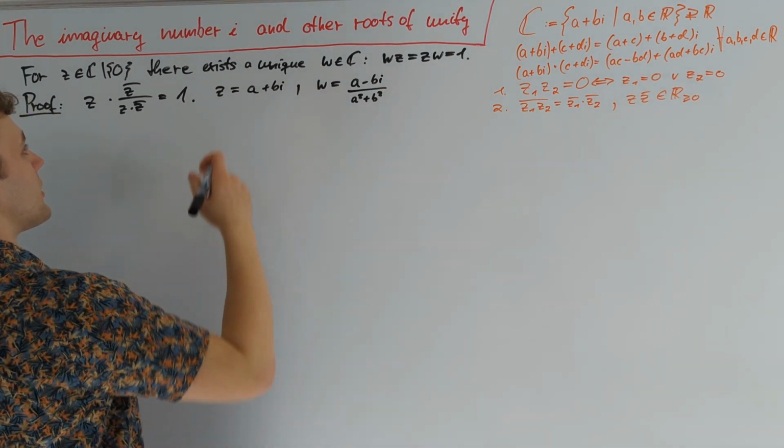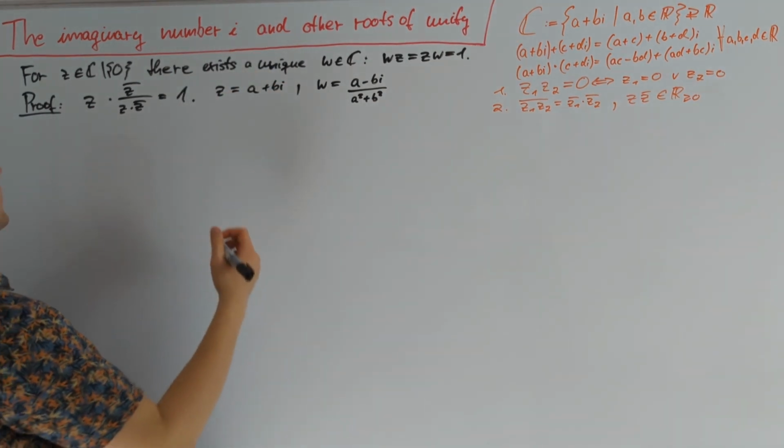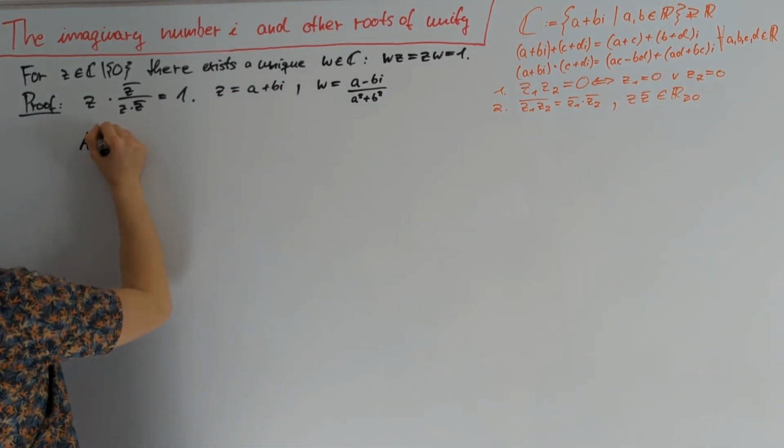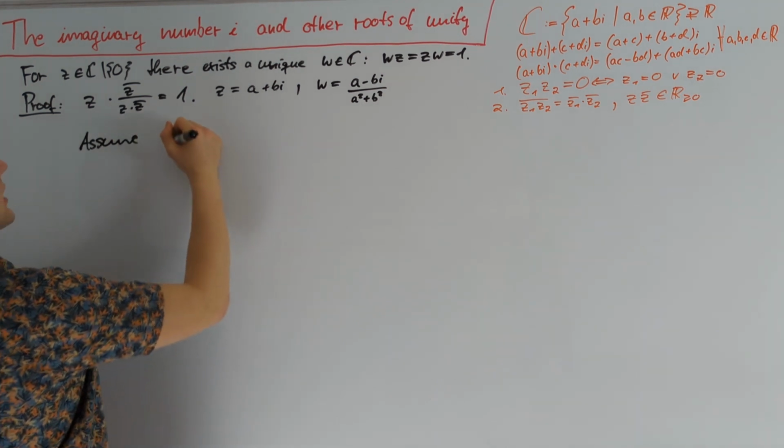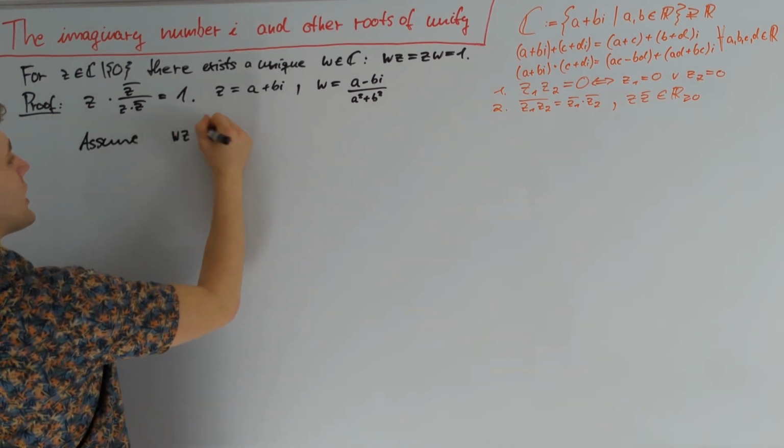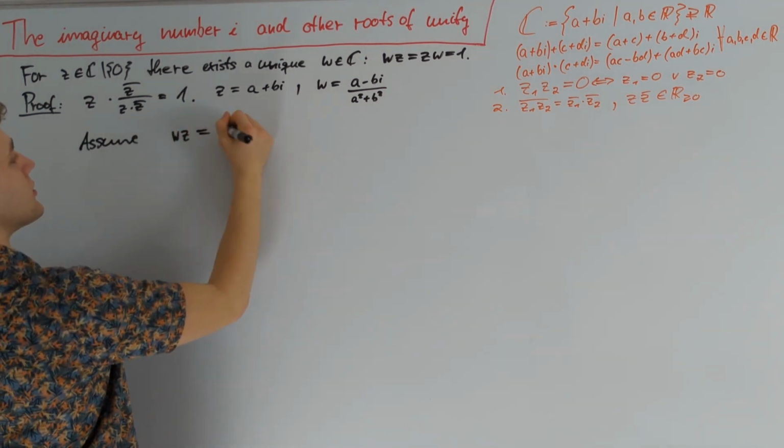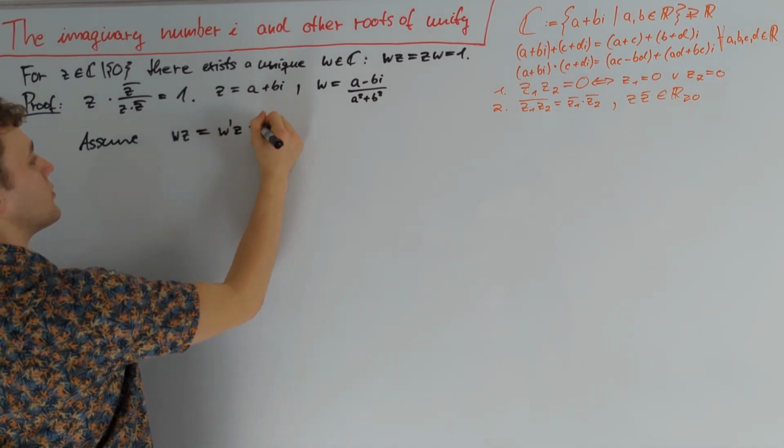Now let's proceed with proving the uniqueness. To do that, let us assume that we find some w prime such that wz is equal to w prime z equals 1.